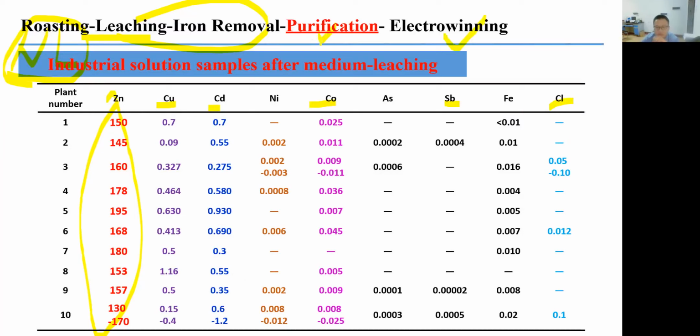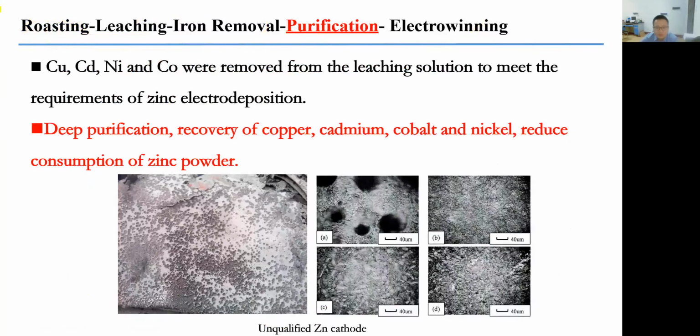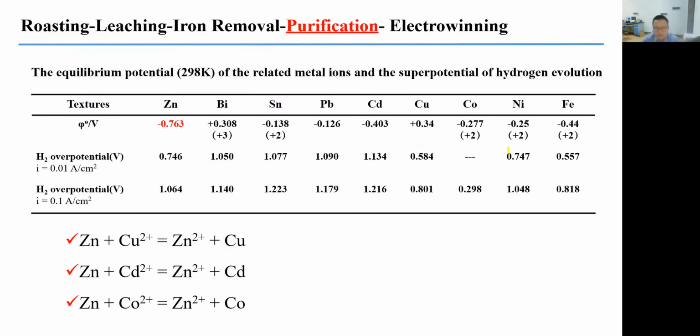In the purification process, we recover those valuable metals and prepare the solution for the electrowinning process. When those impurities are high in the solution, we will have problems with unqualified cathode. So deep purification, with copper, cadmium, cobalt and nickel recovery, should also be realized.